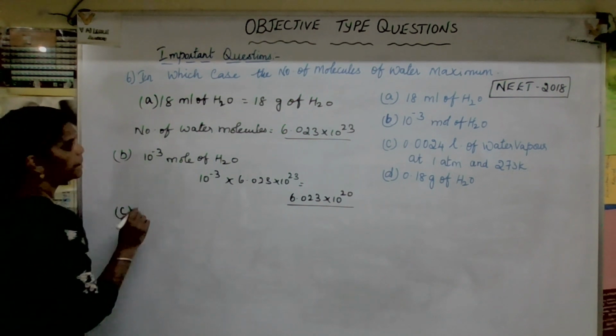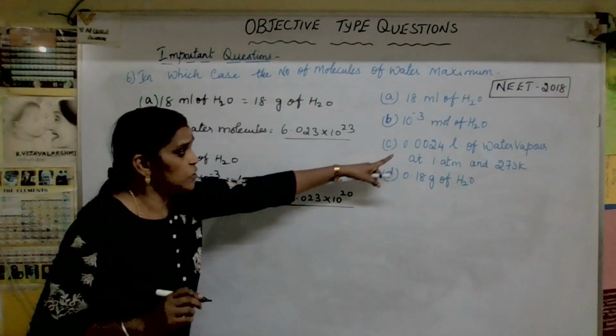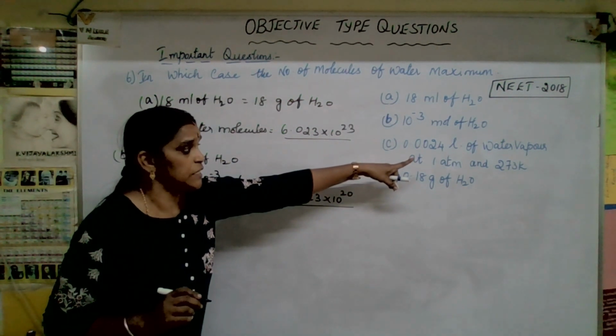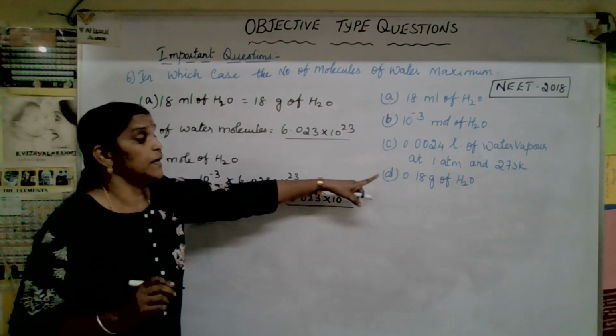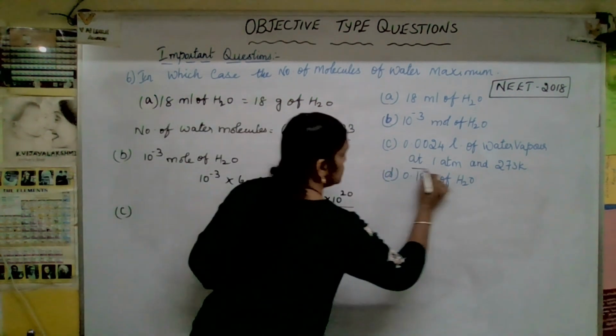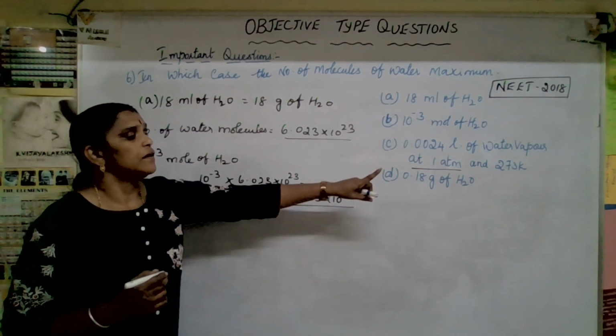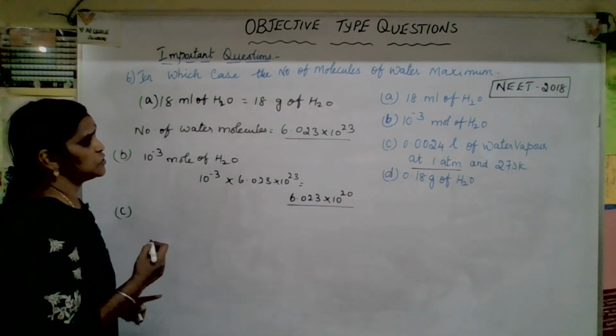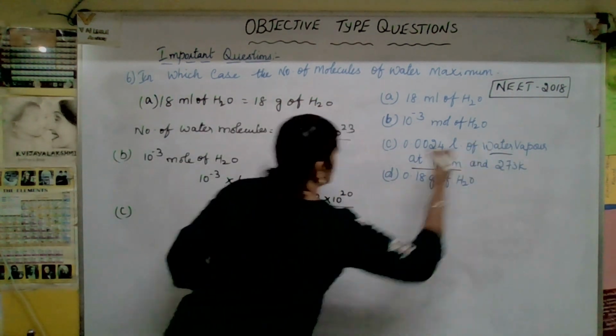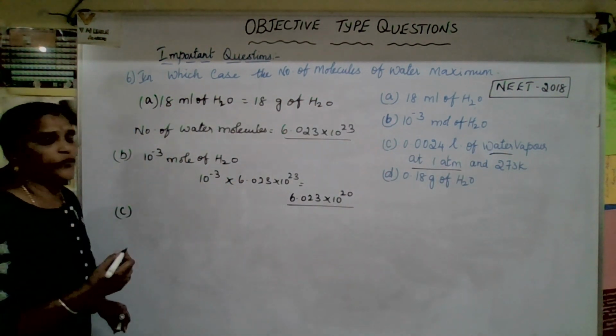Option C. Here 0.0024 liter of water vapor at 1 atmospheric pressure and 273 Kelvin. So for water vapor, naturally we can utilize 22.4.